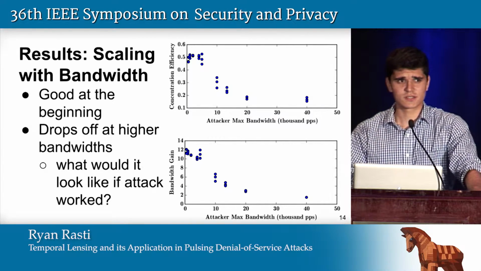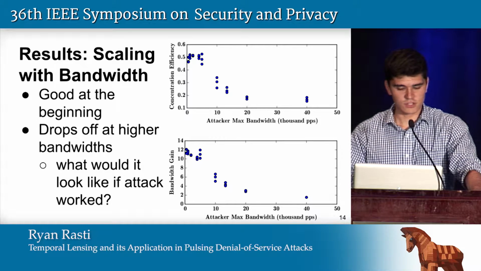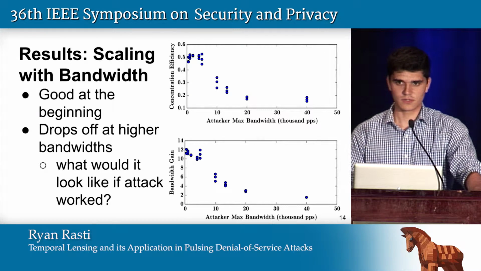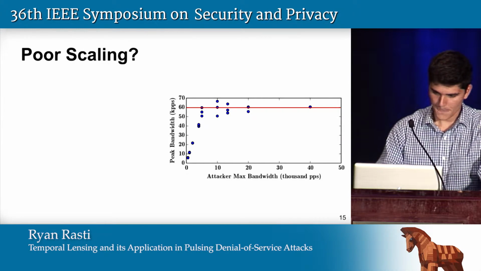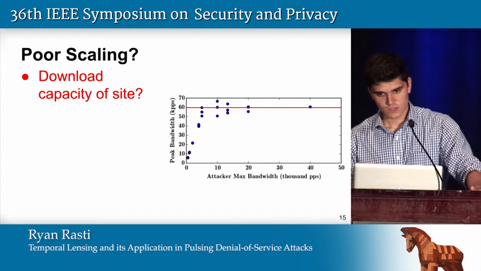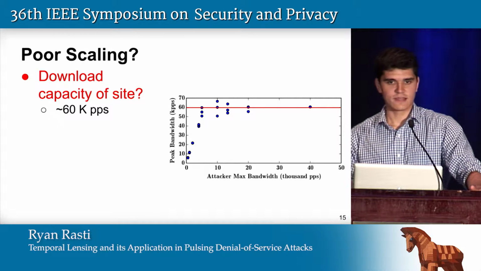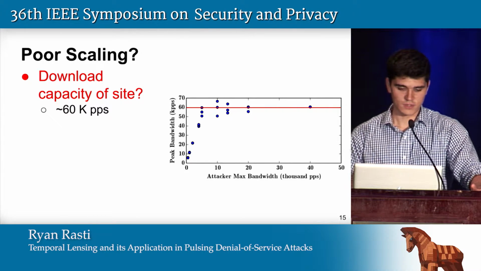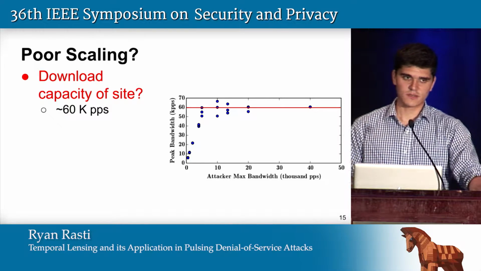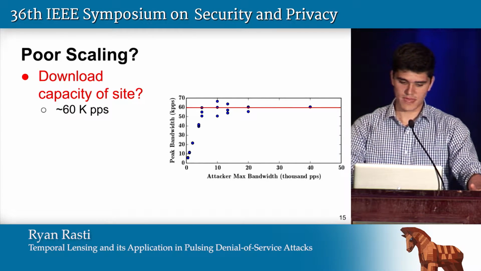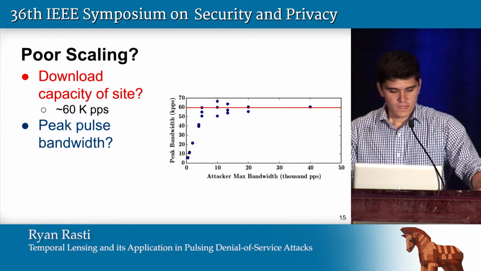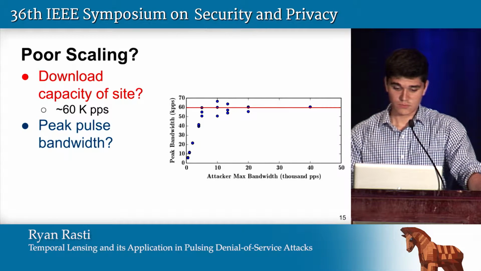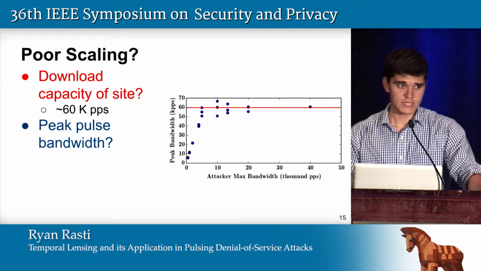And the question is, is this drop-off a result of poor scaling, or is it perhaps the attack actually working and overwhelming the victim? So we measured the actual download capacity of the site by flooding it with an actual flood, and we saw that it could only take a maximum of 60,000 packets per second. Then we measured the actual peak bandwidth of the pulse.